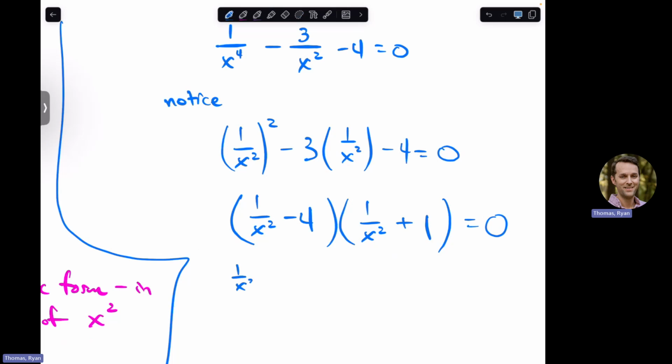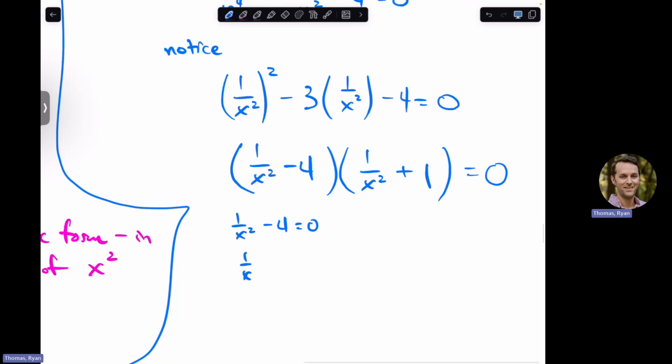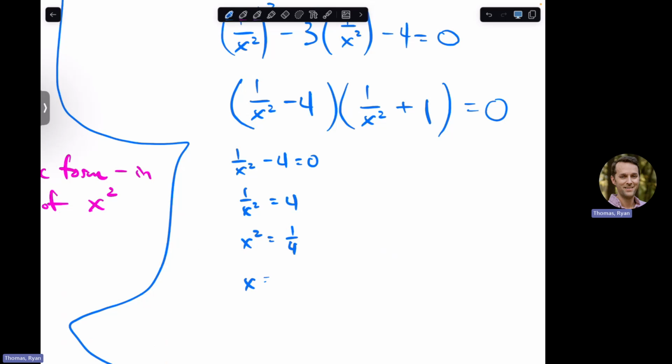Which means then, since it's factored, 1 over x squared could be 4, which means that x squared is 1/4, right? Just take the reciprocal of both sides, and then you get plus or minus a half.